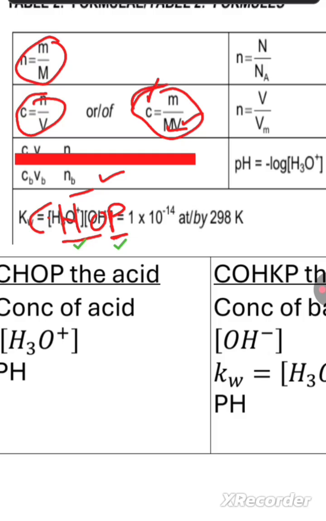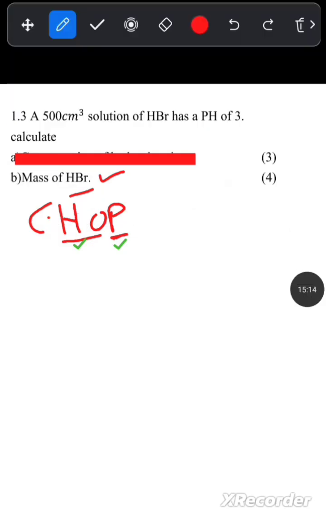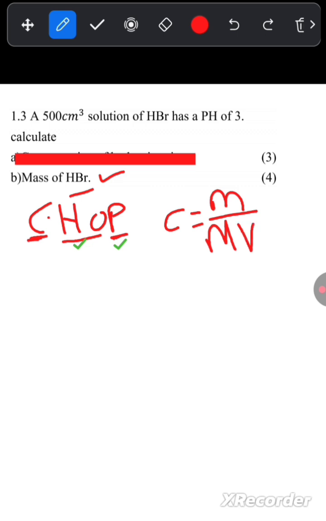But I'm going to use this one that combines everything in one step. I'm going to first find the concentration of the acid. Then after finding the concentration of the acid, I know that C is equals to m over M V.